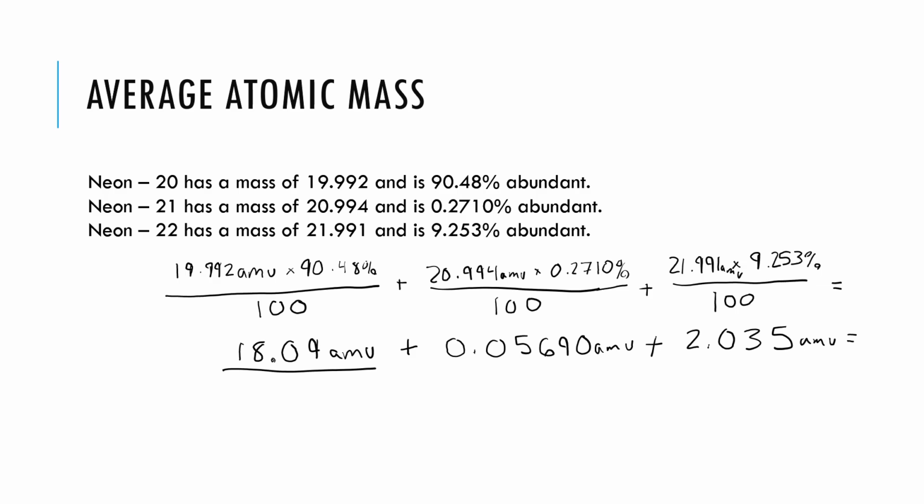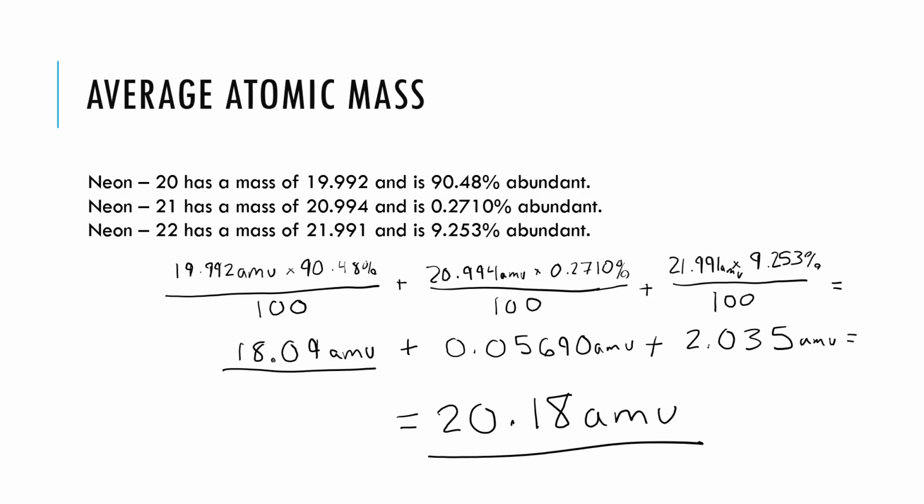So what we're going to do is add up 18.09 plus 0.05690 plus 2.035. And remember, only 2 places after the decimal, we will get 20.18 AMU. Now this is our weighted average mass for neon.